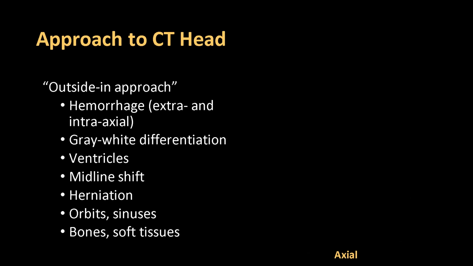Then I move to the ventricular system of the brain. Right after I look at the ventricular system, I look at midline shift and herniation. Is the brain moving into an area that it shouldn't be? Is there some gross overall swelling that's obliterating some of the basal cisterns? And then at the end of everything, I look at the orbits, the sinuses, and the bones and soft tissues.